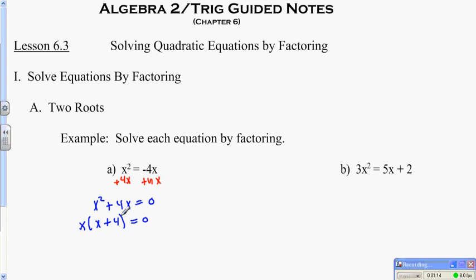Now we're going to use the zero product rule to find out what our solutions are. The zero product rule says that if you have something times something, in this case A times B, and you get 0 for an answer, then either A is equal to 0 or B is equal to 0 or both.